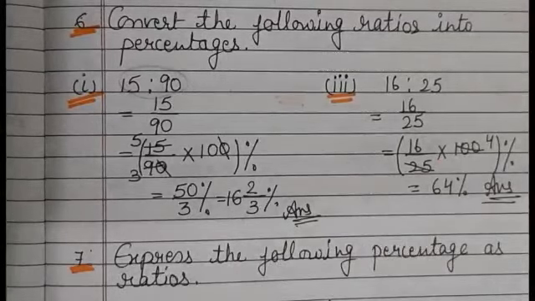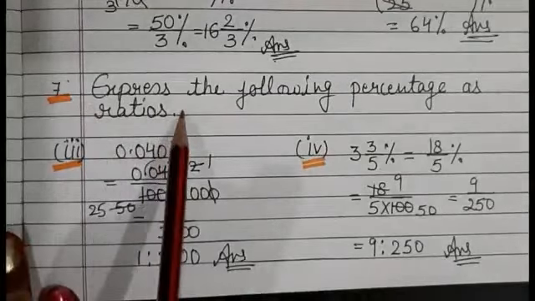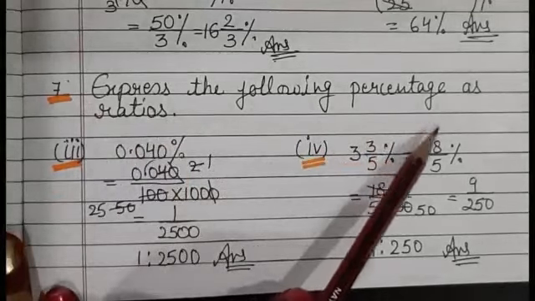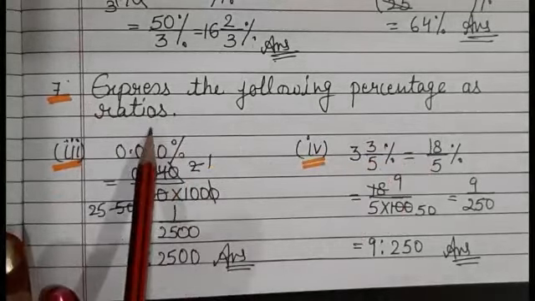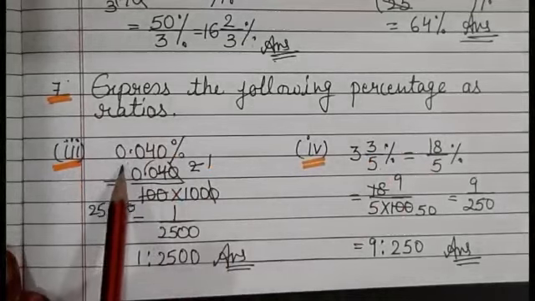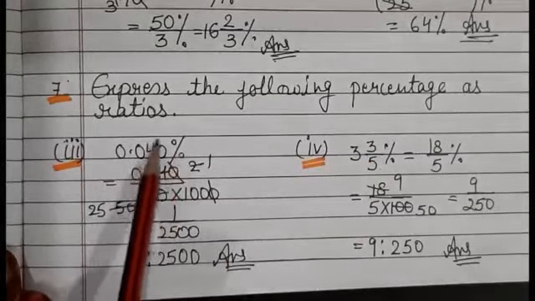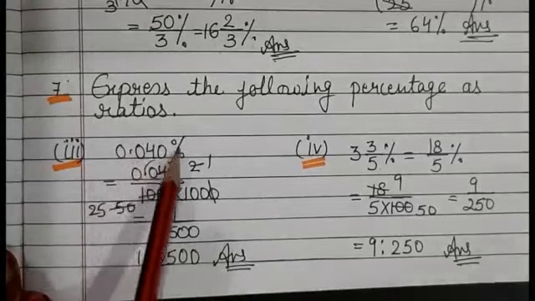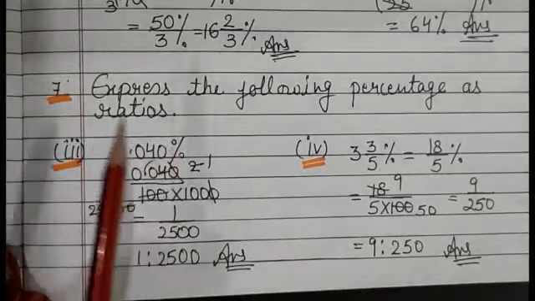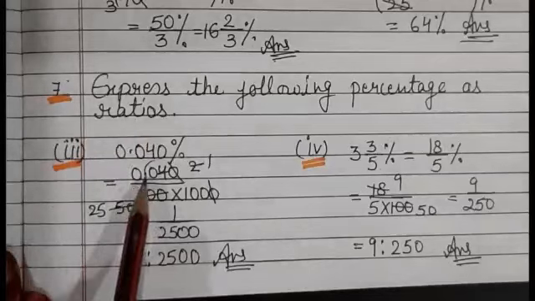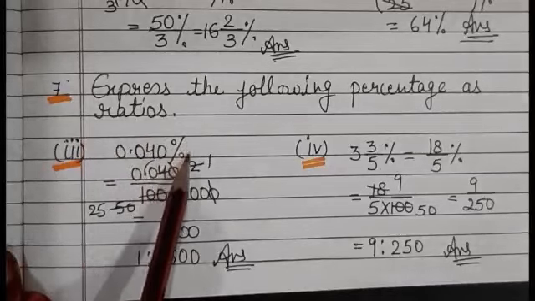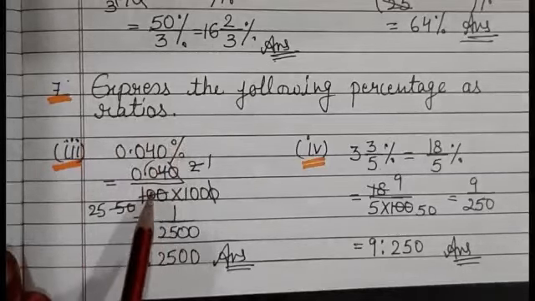Clear? Now seventh numerical. Express the following percentage as ratios. Third part, 0.040%. Now this percentage we have to convert into ratio, right? So first remove this percent sign, then we have to divide it by 100.